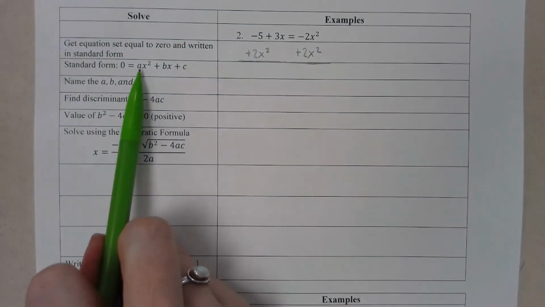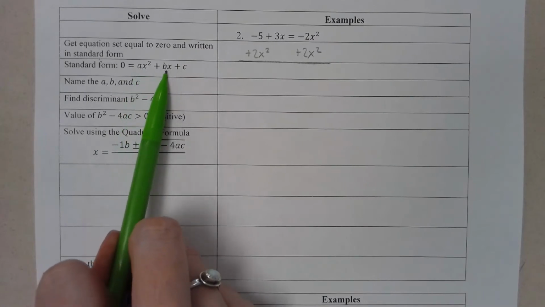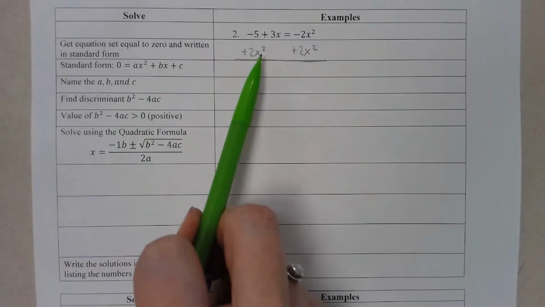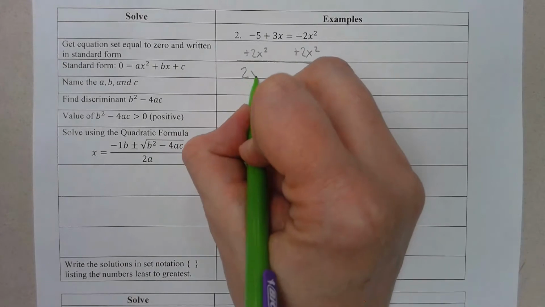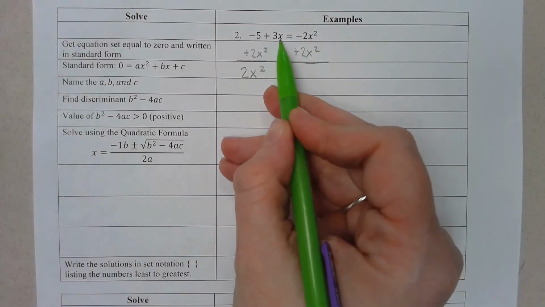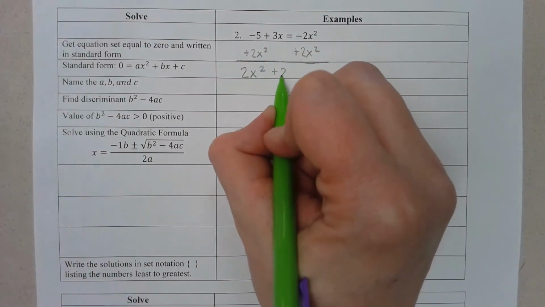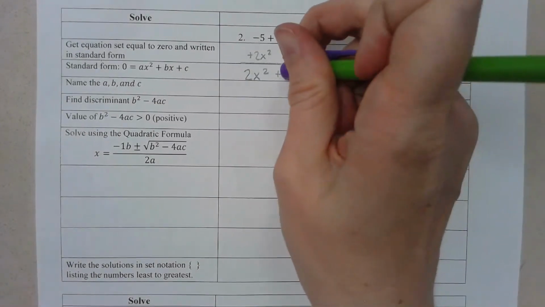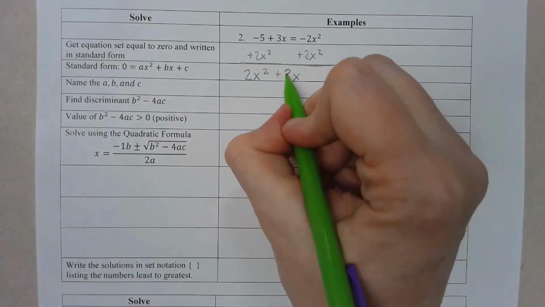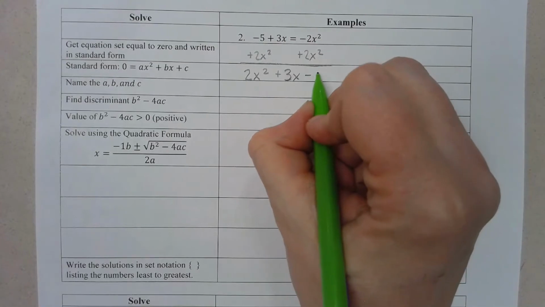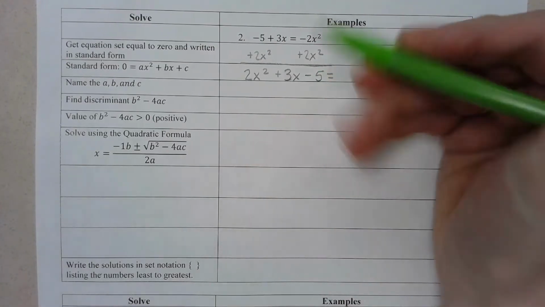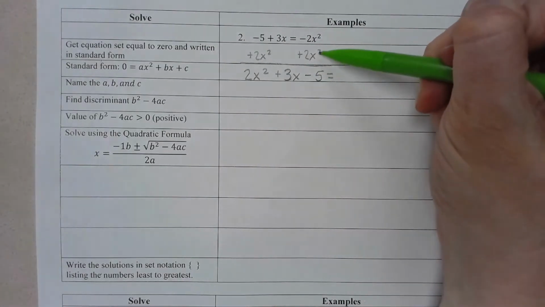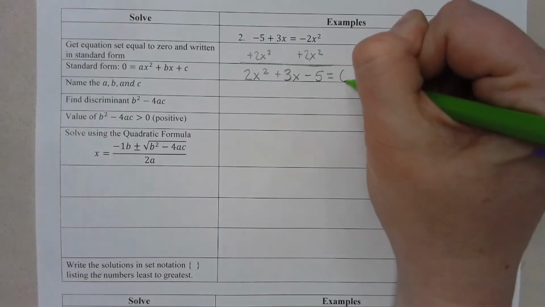We will just put them in the correct order, ax squared, bx, and then c. So that 2x squared will go first, and then the plus 3x, that's going to serve as our bx term. And then finally, the minus 5 for our c. And that truly does equal 0 because these terms cancel.